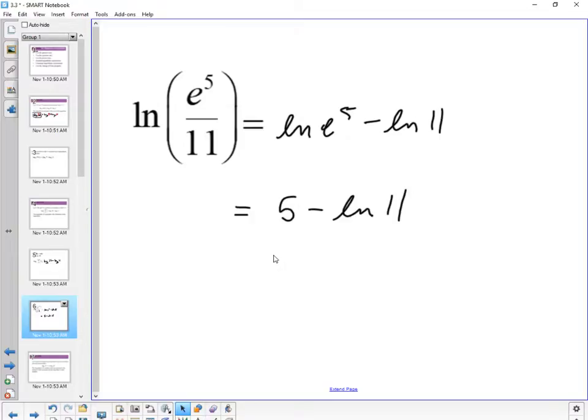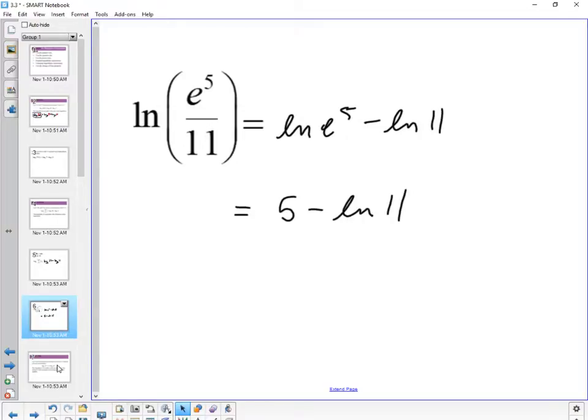You mathematical genius, you. Questions on how ln e to the 5th became 5? No? Wait, wasn't it like that other one where they're the same, then the exponent is the answer?